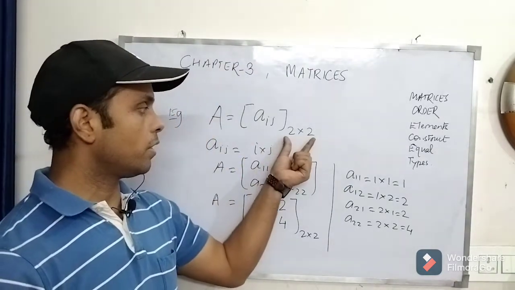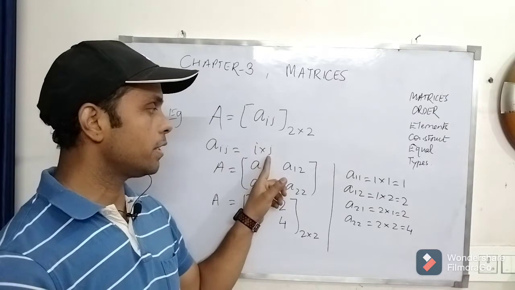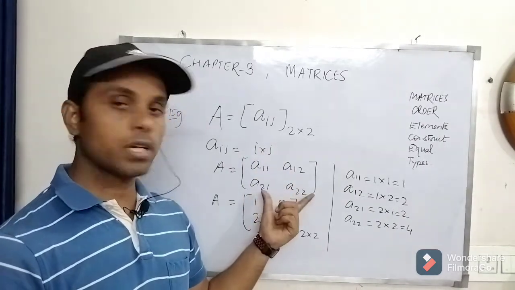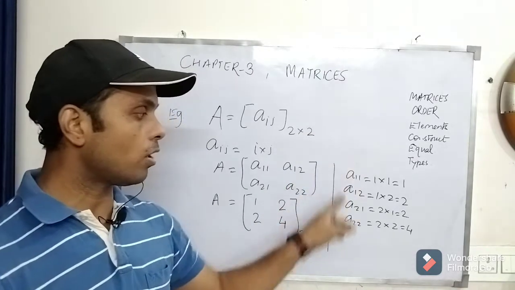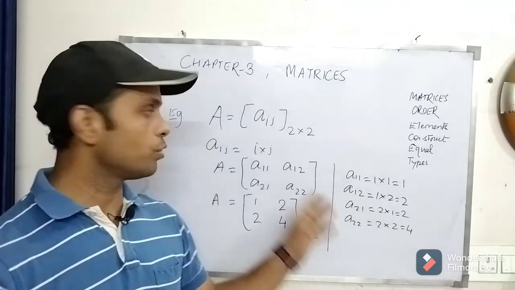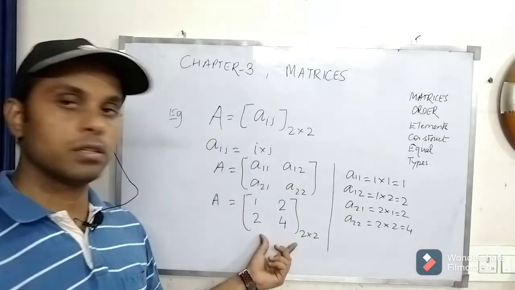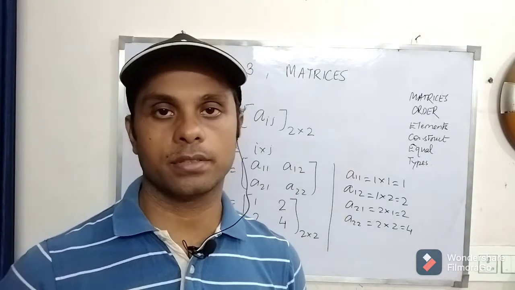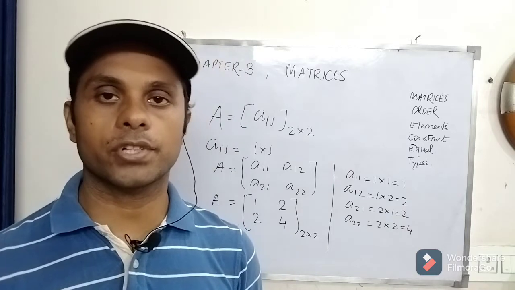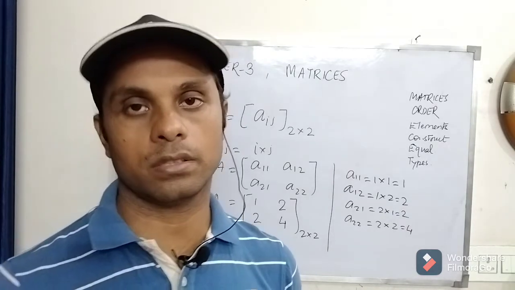Just write what definition is given, construct a dummy matrix first of the given order, and then find all the elements using the definition and put them in the dummy matrix. That will be your required matrix. So this way we construct a matrix of given order.